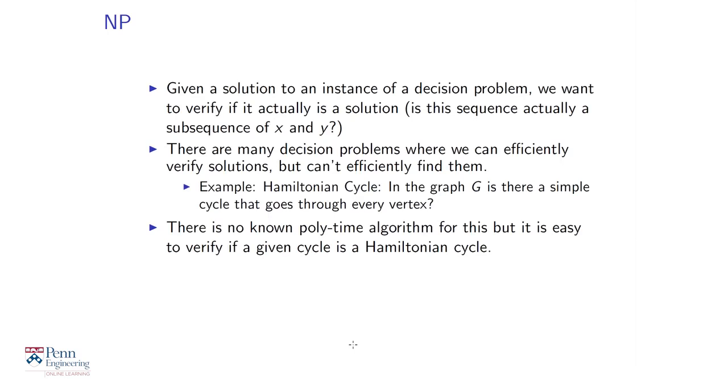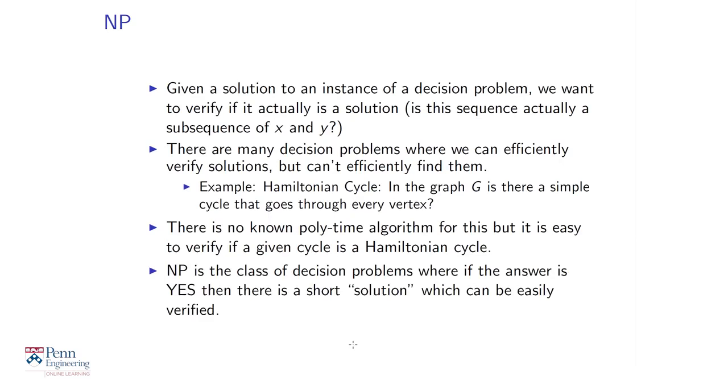NP is the class of decision problems where if the answer is yes, then there is some kind of solution or certificate that someone could provide that you could verify easily in polynomial time. So the verification is in polynomial time. And you don't have to trust the person providing the certificate at all. You will detect a fake certificate very easily and reject it. And you would only accept good certificates.